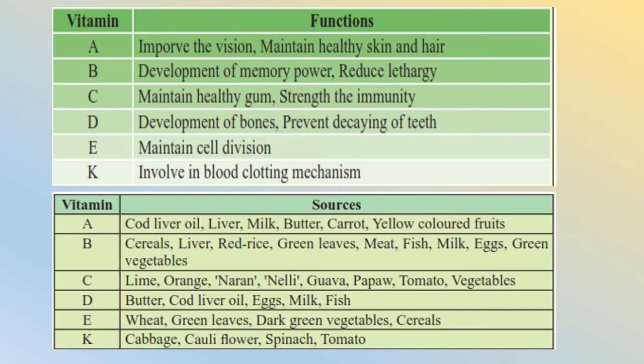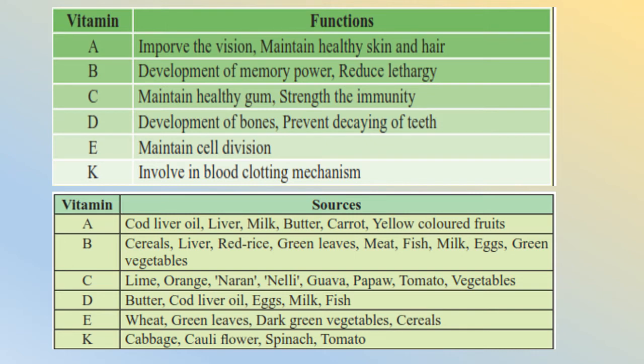We know that red blood cells carry oxygen for our cells, and it will help to reduce the feeling of lethargy. The food sources that are rich in vitamin B are cereals, liver, red rice, meat, fish, milk, eggs, and most of the green vegetables.